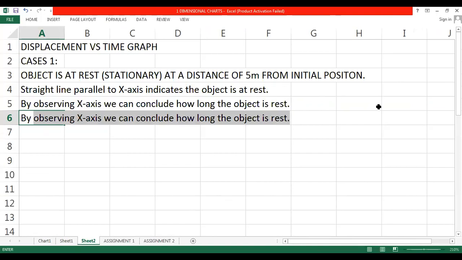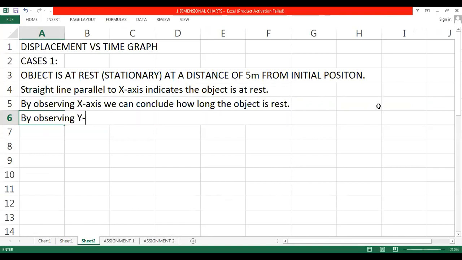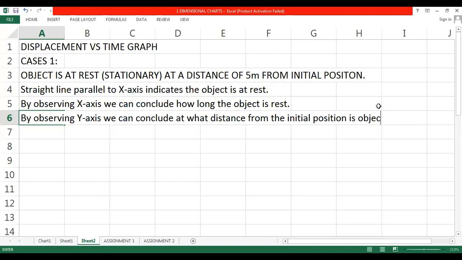So by observing the y-axis, we can conclude at what distance from the initial position the object is at rest.